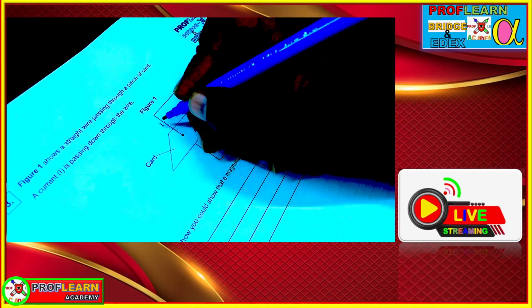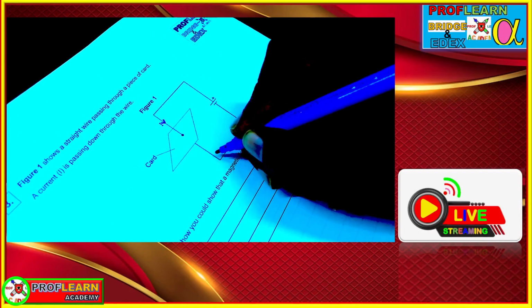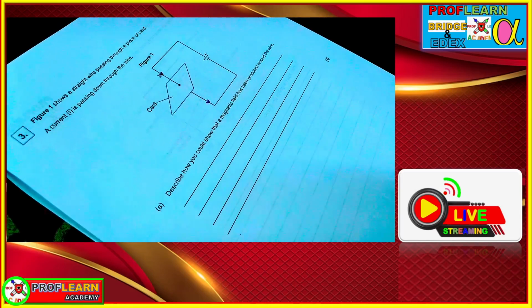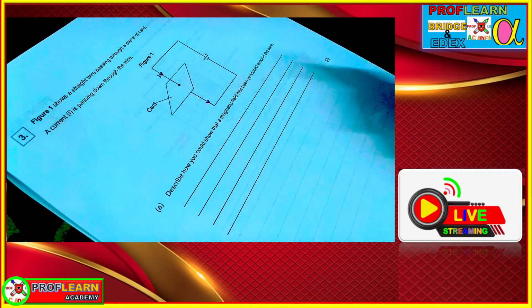You can see current flowing in that particular direction. Here the current is going down like that. We are supposed to describe how you will show that the magnetic fields have been produced around the wire. There are two different ways you can do this. Number one, you can use a plotting compass, or you can use iron filings.